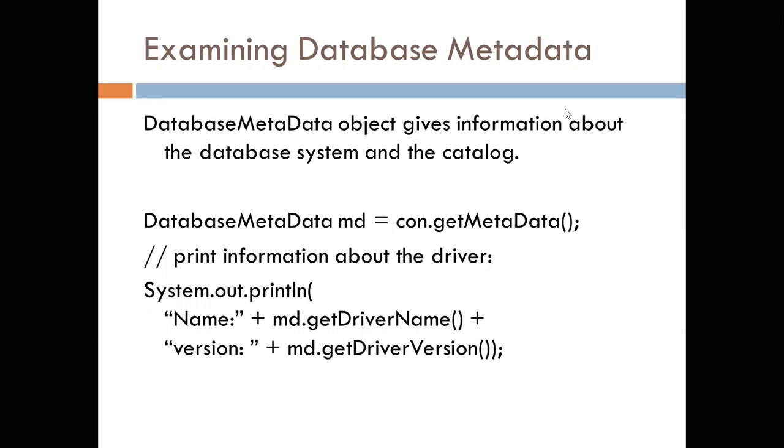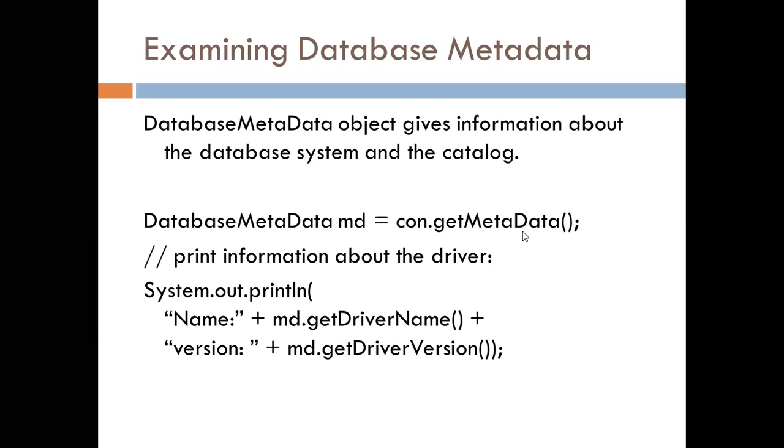In order to extract the metadata, we can use the function connection.getMetaData. In Java we have a class called DatabaseMetaData, present in the java.sql package. This class will hold the details of the metadata.